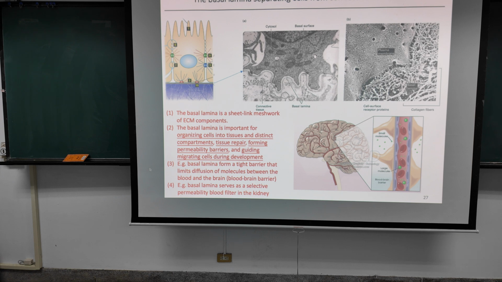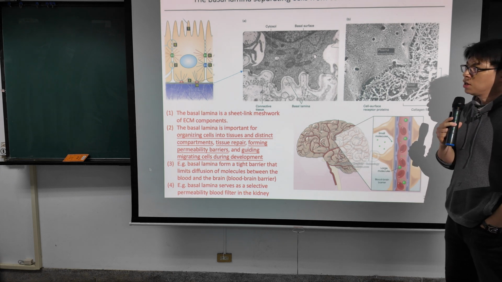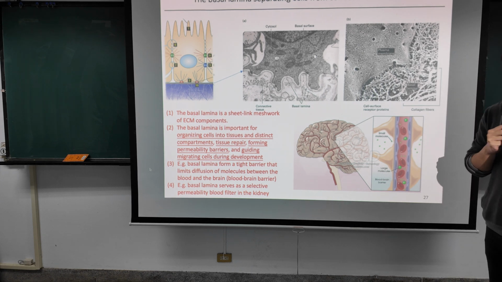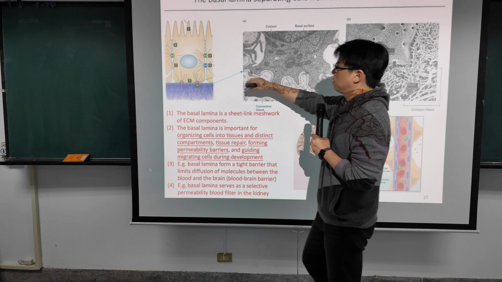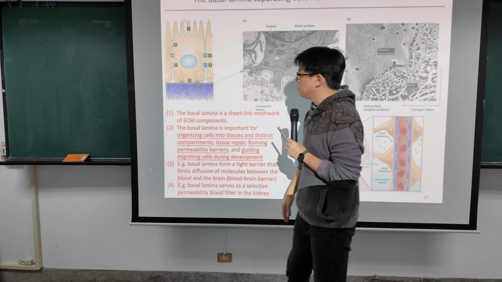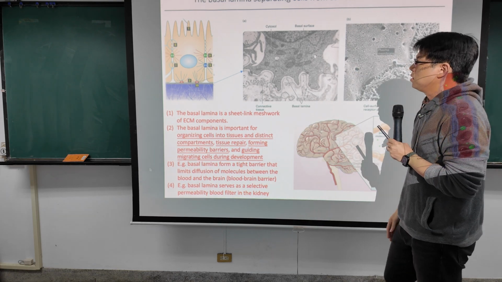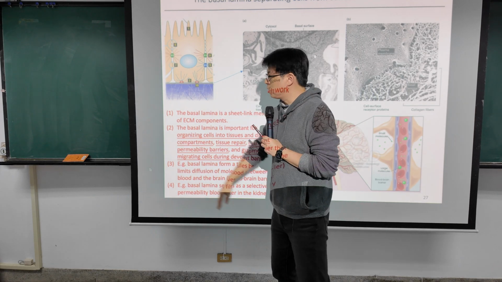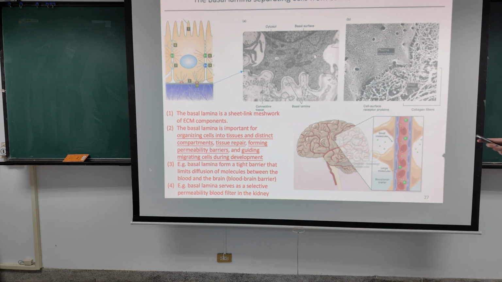Okay, so we finished the cell junction. So next we go deeper. Okay, so we introduced this part, orange. So next we just go deeper. So now we talk about the extracellular matrix. So the first layer of the extracellular matrix will be the basal lamina.